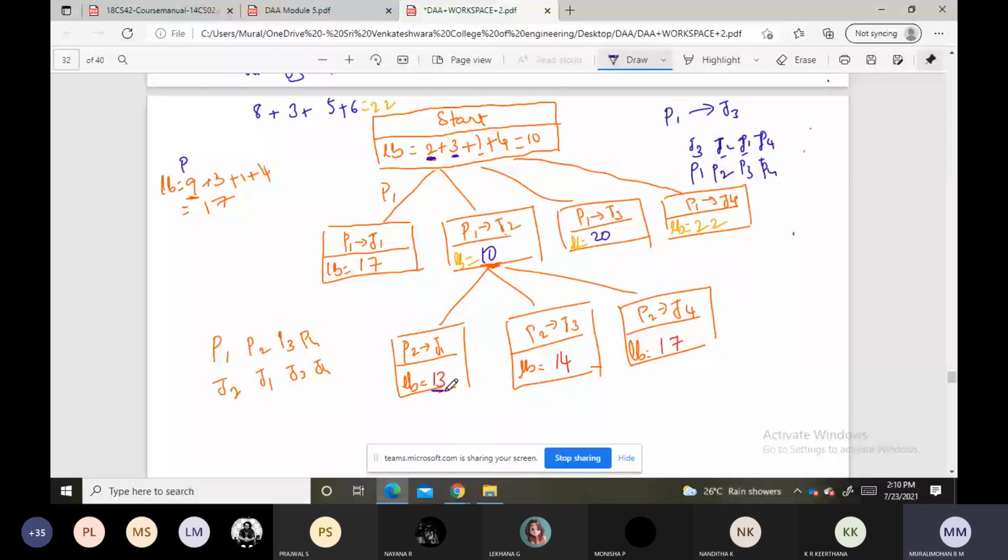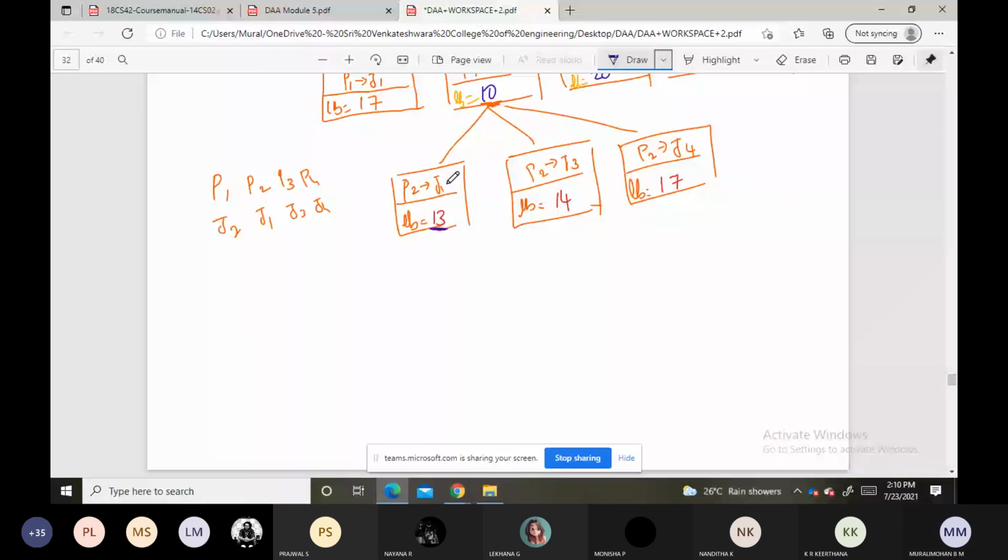Next, how many options are we having? 2. For person 3, job 1 is fixed and job 2 is fixed. So we can give job 3 to person 3.